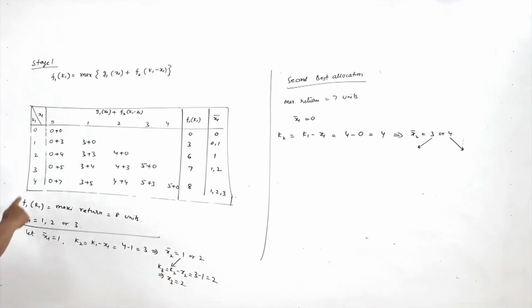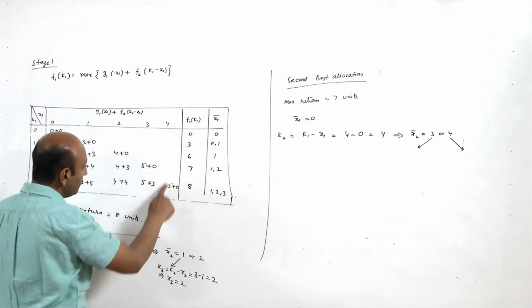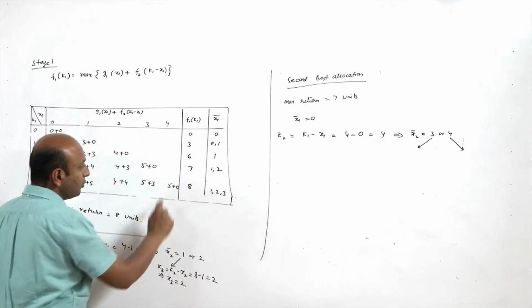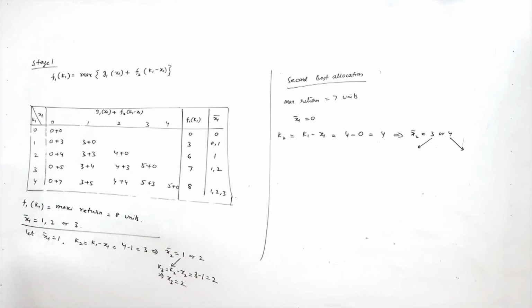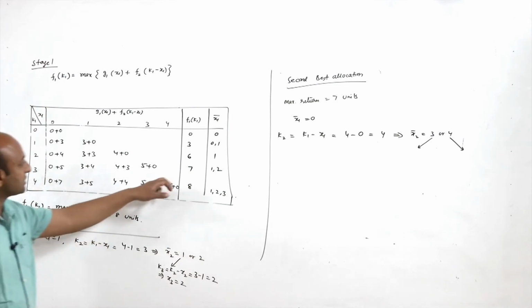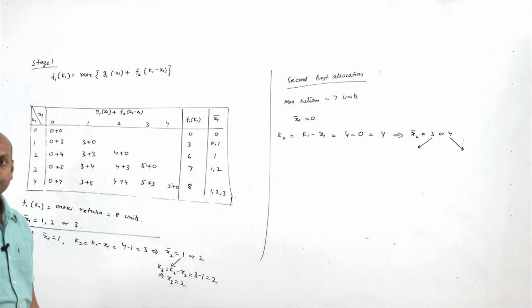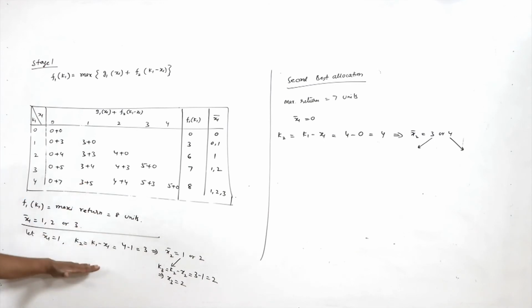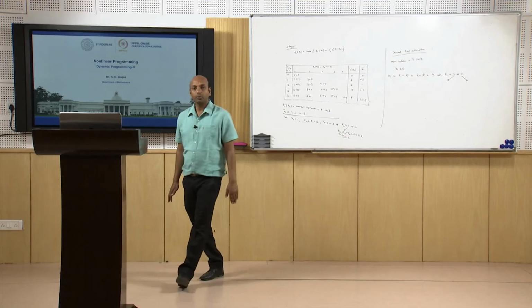Now, if you delete this row and this column, the return is 7 units, which we obtain when x1 bar is 1 and 2, and now K1 is 3, because only 3 units of capital are available. So, we will use the same algorithm, same steps to find the optimal solution.